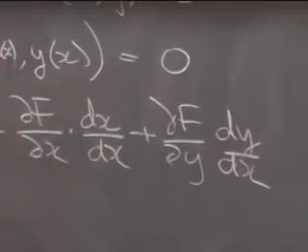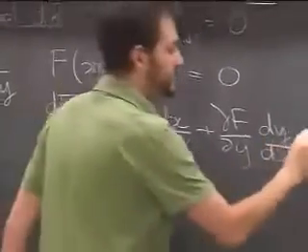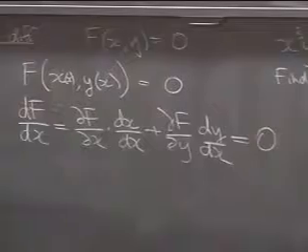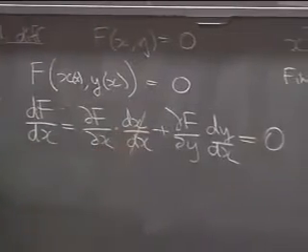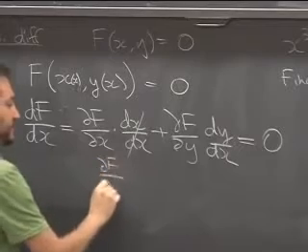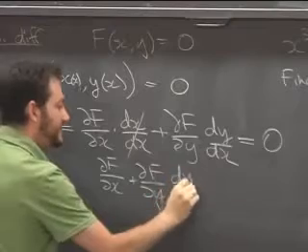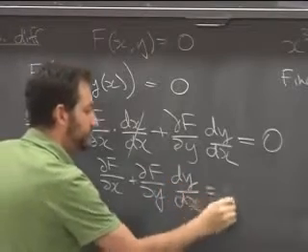That's the derivative of the left-hand side. But actually, because f is always 0, its derivative has to always be 0. So we get this. And dx/dx is 1. So actually, we have this equation, df/dx plus df/dy times dy/dx equals 0.